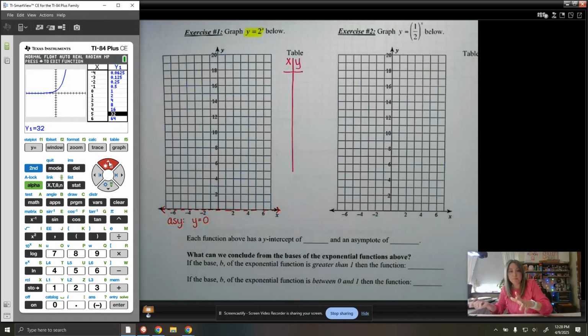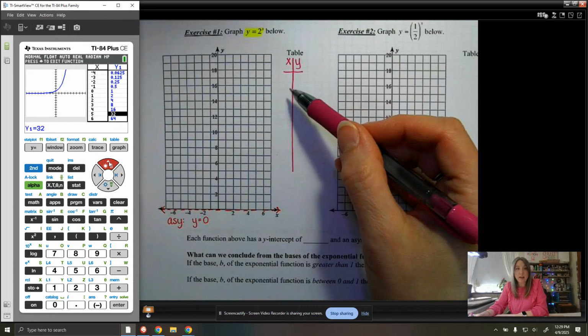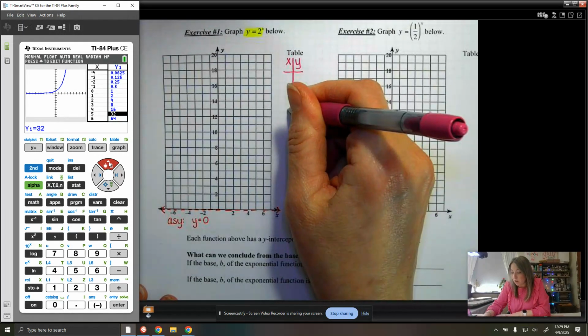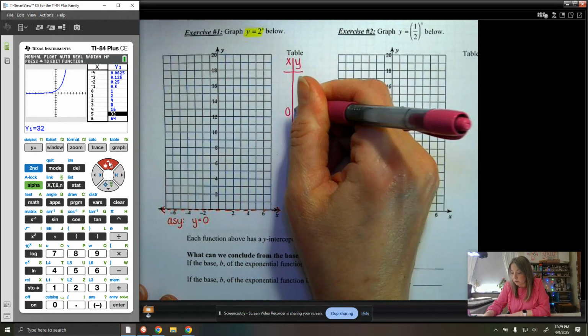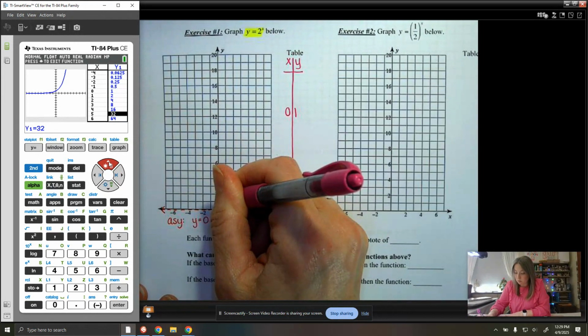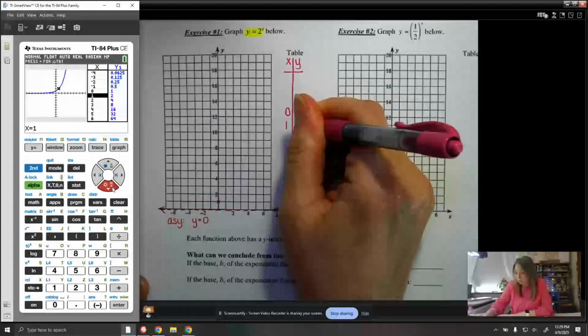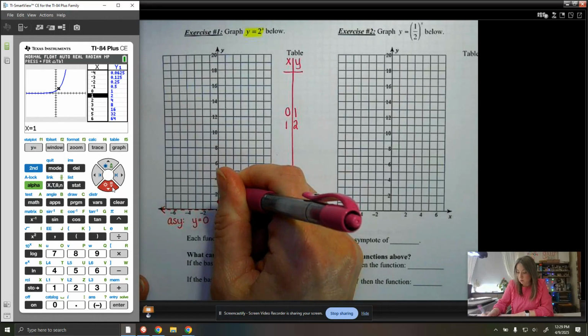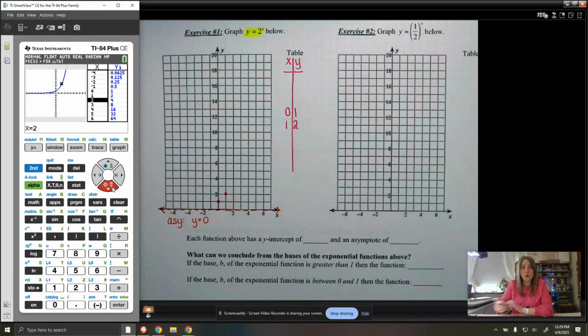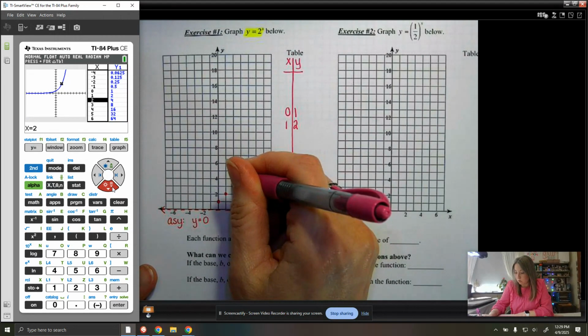All right, well, let's get some points we can actually graph. I'm going to start by putting the y-intercept in the middle, 0, 1. I'll arrow onto it so you can see it. So 0, 1, okay? And then I also have 1, 2. 2, 4.